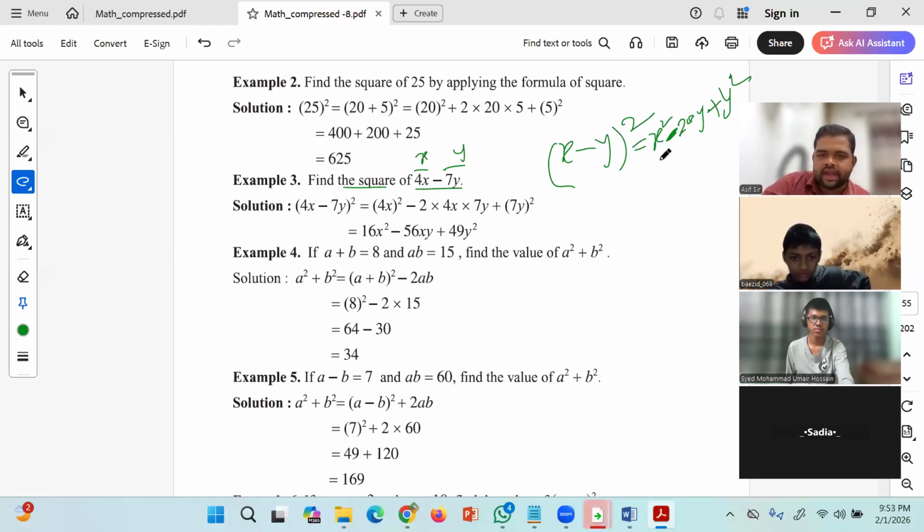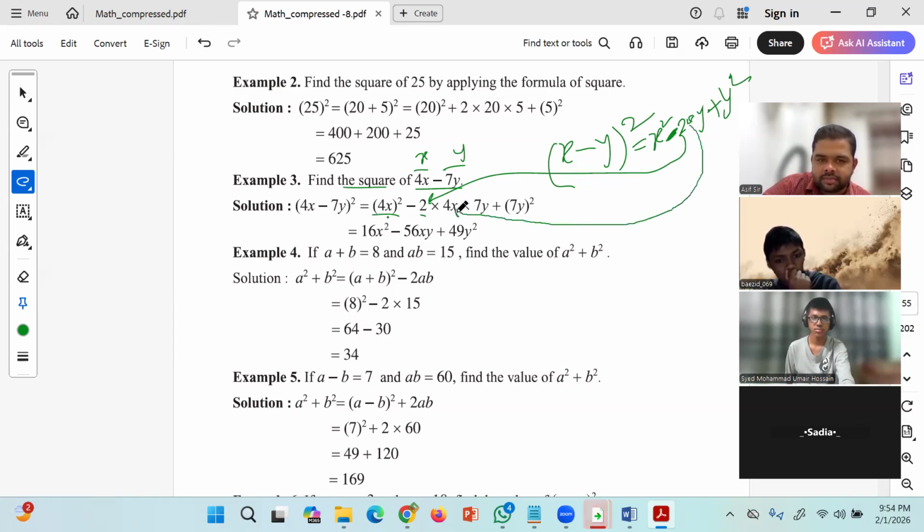So now we can fit the formula here, considering 4x as x and 7y as y. x square, which is 4x whole square, minus 2 from the formula. This x is 4x, and y is 7y.